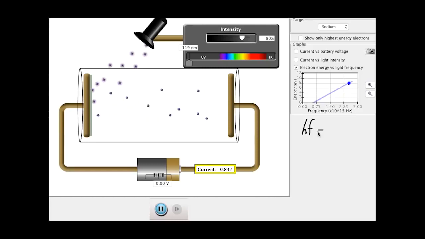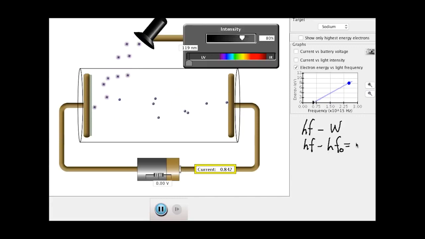So what we do is subtract this work function, which we call W. In reality, that work function is equal to h multiplied by the minimum frequency needed for it to be released. That's this value right there, and that is called the threshold frequency. Now you can clearly see that if I do this mathematically, I will have something left over, and that is equal to the kinetic energy of the actual electron.